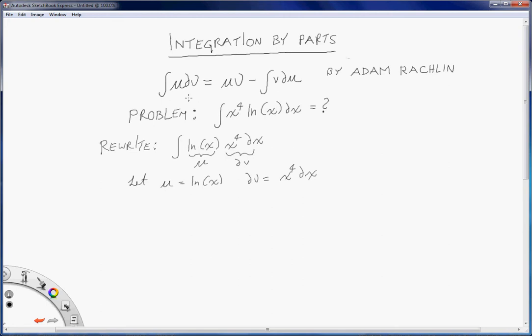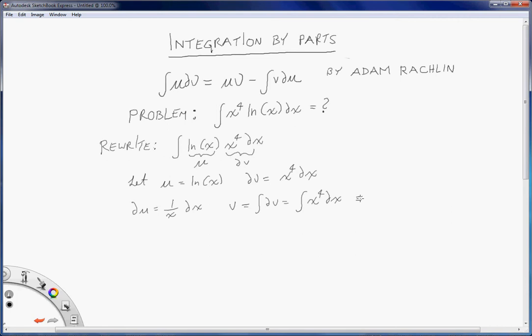Now if you look back at our general form, we have u, but we're also going to have to take the derivative of u, and we have v. So if we have dv, we're going to have to take the integration of this. If we take the derivative of u with respect to x, the derivative of the natural log is 1 over x dx. V equals the integral of dv, which is x to the fourth dx.